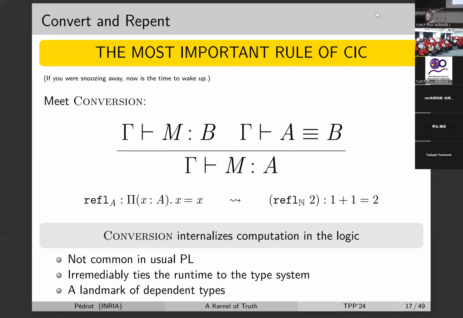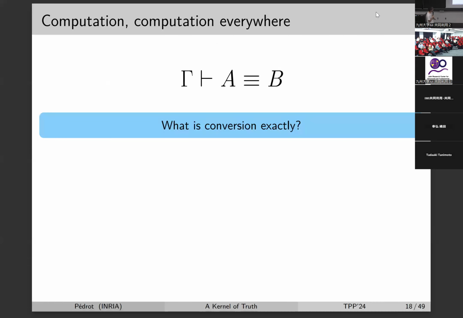And this is not something you really see in normal languages. If you take your favorite functional programming language, like OCaml, there is a phase separation. The runtime and the compile time things are not the same. And here there is no way to escape from this once you realize that you're in this situation. This is really something very specific to our dependent type theories.